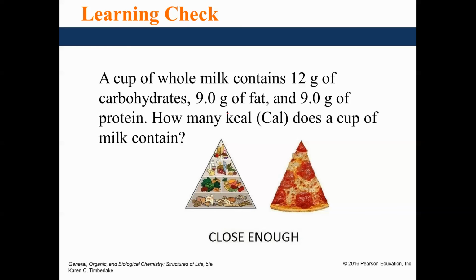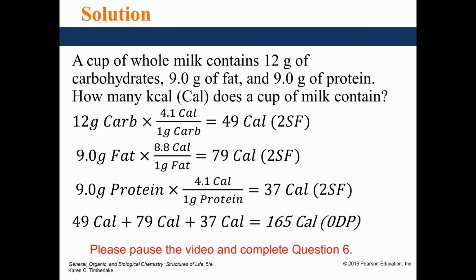In our example problem, we have a cup of whole milk, which contains 12 grams of carbohydrates, 9 grams of fat, and 9.0 grams of protein. We're going to take these 3 values and use the conversion factors on the previous page to convert them from grams of whatever nutrient into calories. The way we do that is shown right here. We have 12 grams of carbohydrates, and for every 1 gram of carbohydrate, there's 4.1 calories.